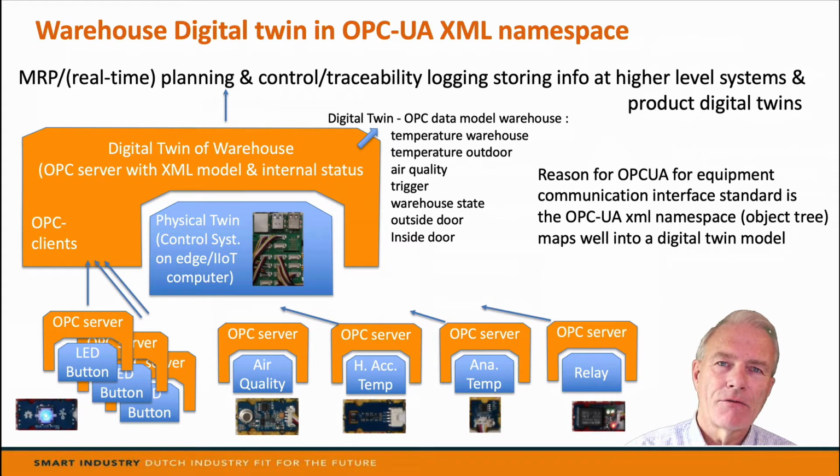The reason for promoting OPC UA is that it is not just an equipment interface with a message protocol, but underneath it, it's also an object tree. And that object tree described in XML makes it easier to start using those digital twins, or what the Germans call Verwaltungsschale, or administrative shell.